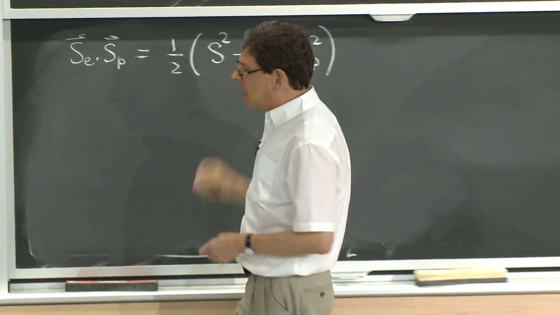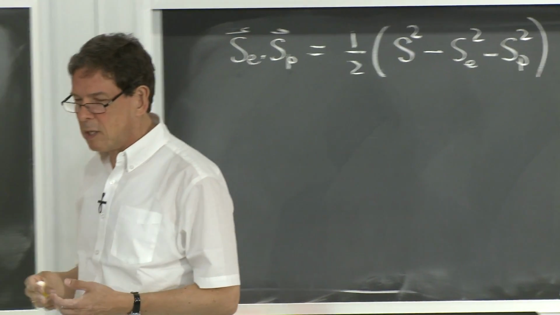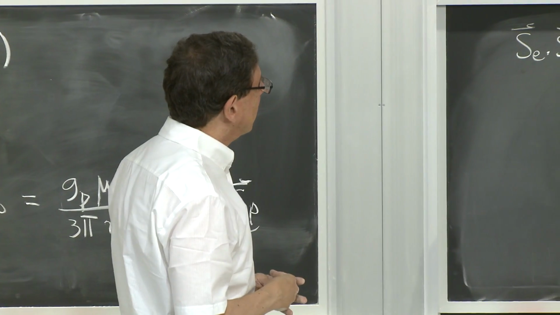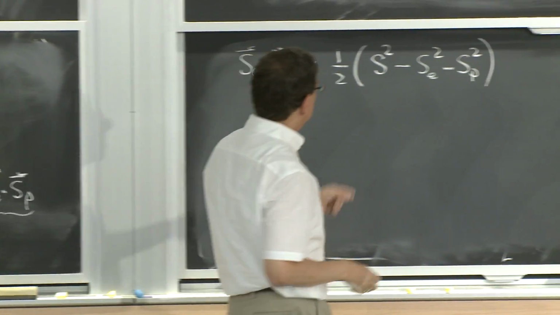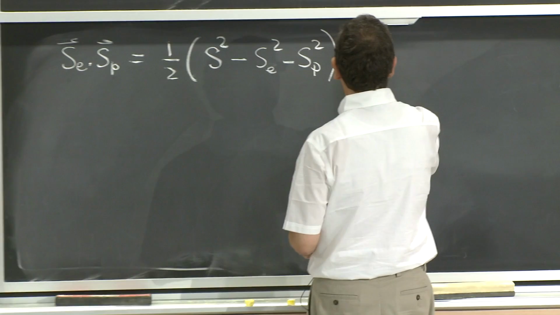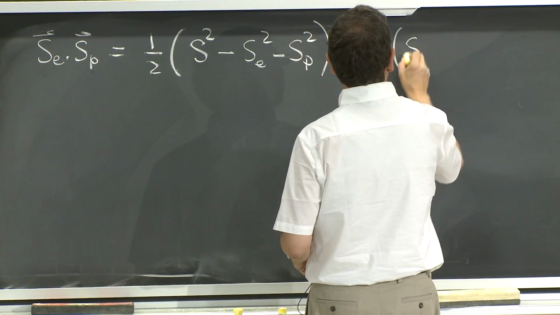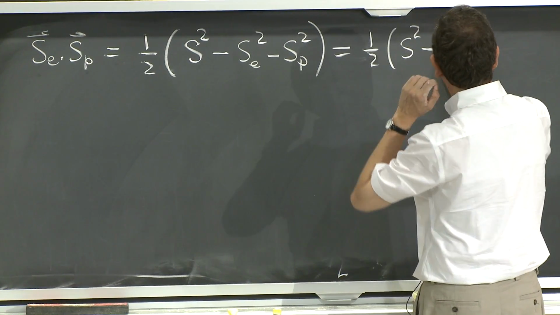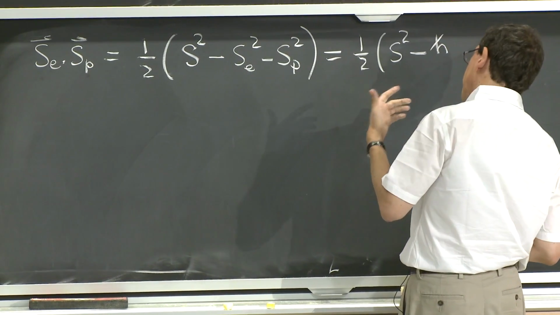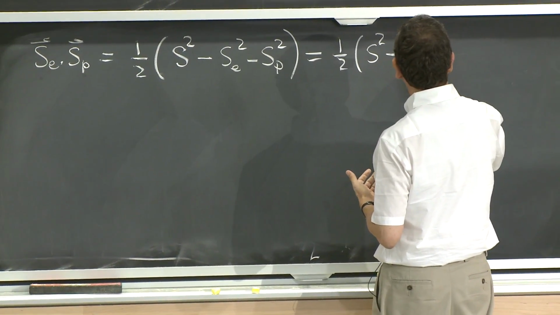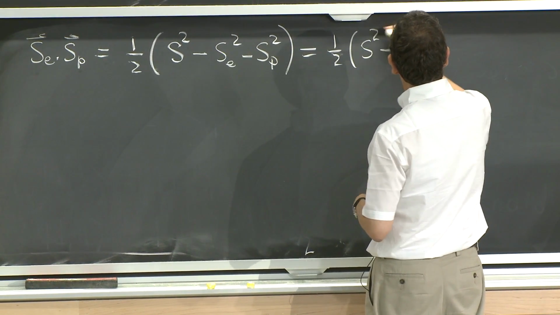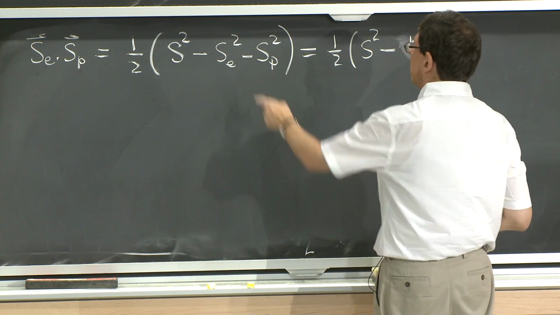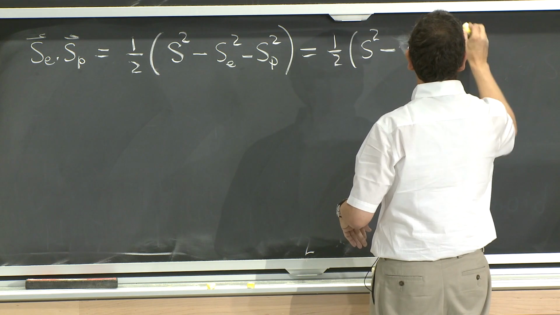Now, the SE squared and the SP squared, these are spin 1/2 things, so you know what the eigenvalues of these things are. They are the same because both are spin 1/2. So this is 1/2 S squared minus ħ squared, 1/2 times 3/2, so it's 3/4 ħ squared, and there's two of them, times 2.